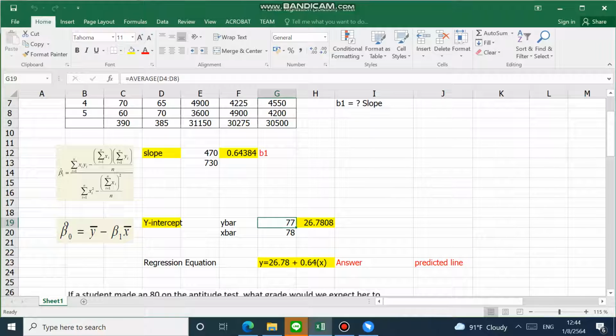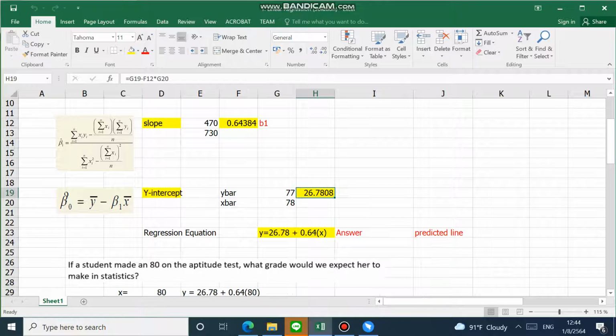So you can just substitute all the values into the y-intercept formula. So you get y-intercept 26.78. So now you can get the linear equation. You can get the predicted line.